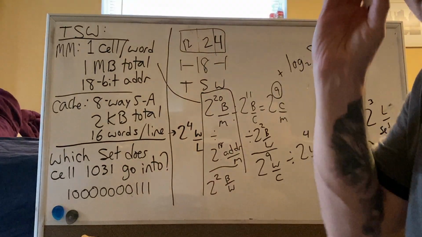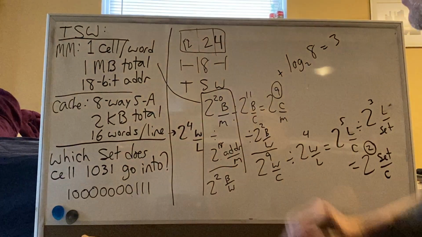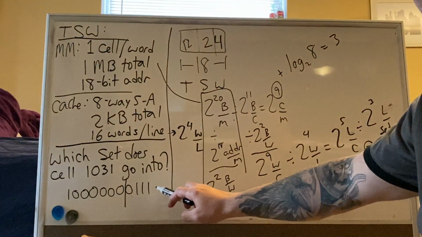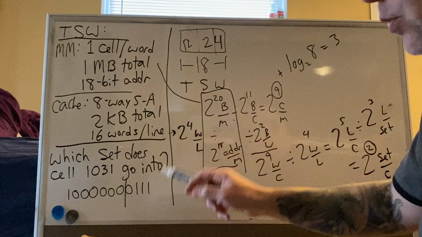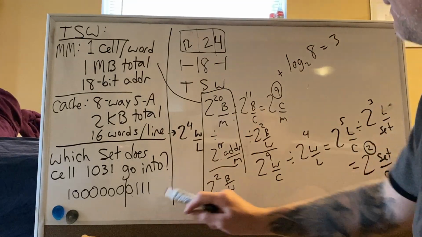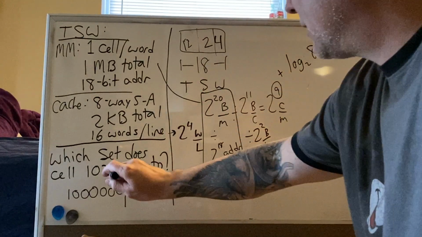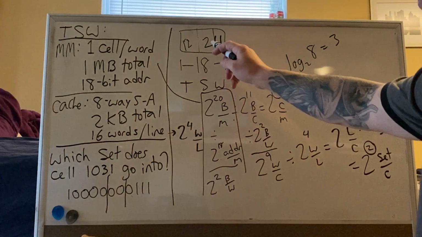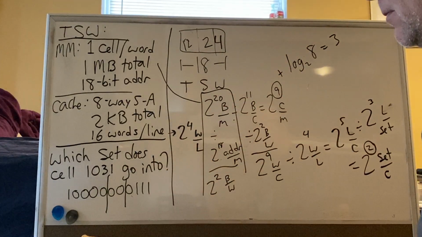So if I write the cell address in binary, take the last 4 bits. This is word number 7, the 8th word, but word number 7 in its line. The next two bits are the set. So it's in set 0.